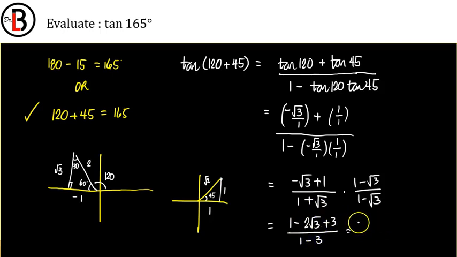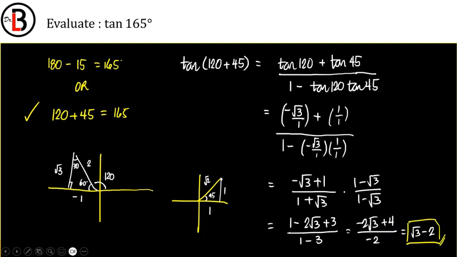So this gives us negative 2 square root of 3 plus 4 over negative 2, or simply square root of 3 minus 2. And it's correct. If you look at this, 165 is in the second quadrant. The value of square root of 3 minus 2 is negative because tangent should be negative in the second quadrant.